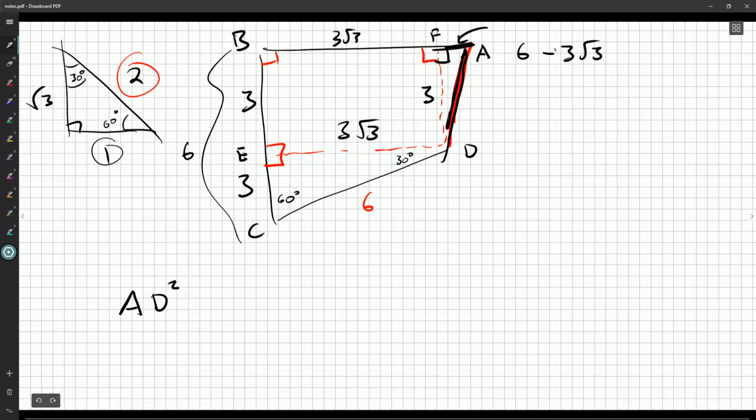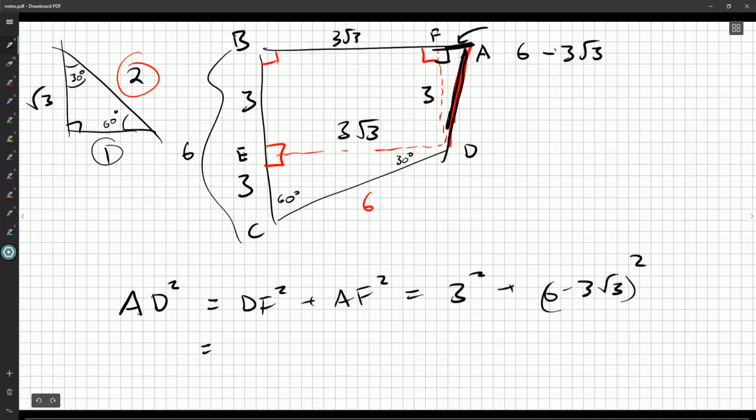And then you could say by Pythagoras, AD squared is DF squared plus AF squared. So that'll be 3 squared plus 6 minus 3 root 3 squared. I'm going to avoid the calculator for a moment if I can.